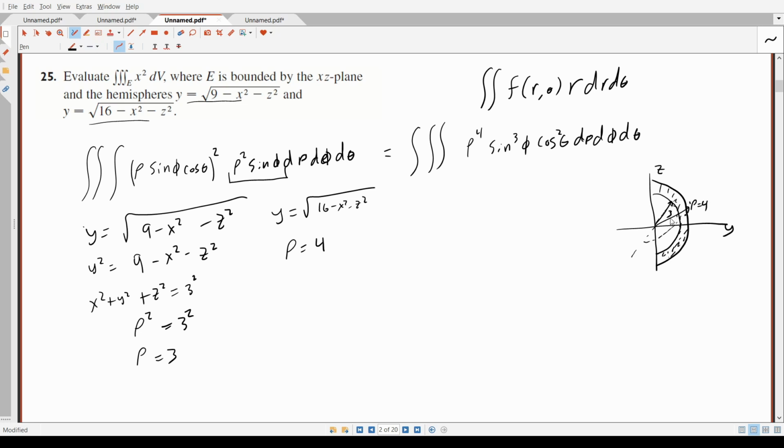Alright, so now I need to figure out what are my two angles. Let me imagine what this would look like if I was looking straight down. Looking from the side, it's going to look like a half circle. And if I was looking straight down, this is going to be x, this is going to be y.